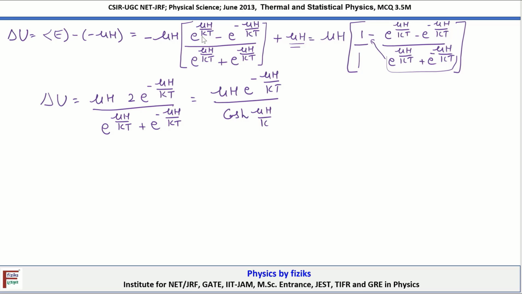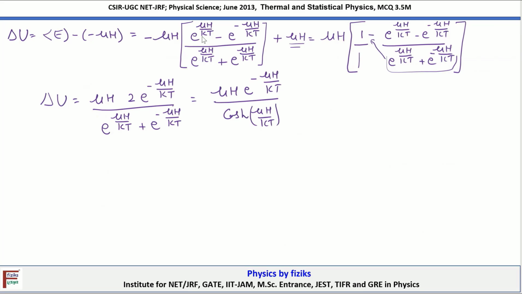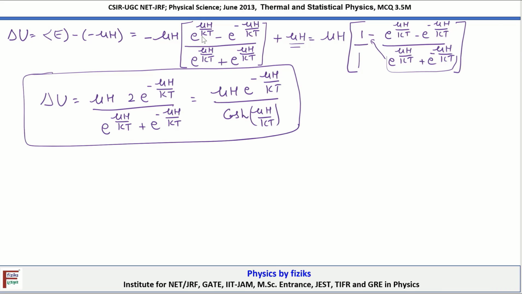So therefore at low temperature, what's the condition? At low temperature, we have obtained the expression for the excess energy above the ground state energy, and the leading behavior is determined by the exponential function.